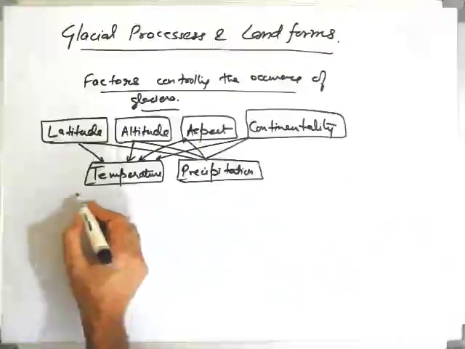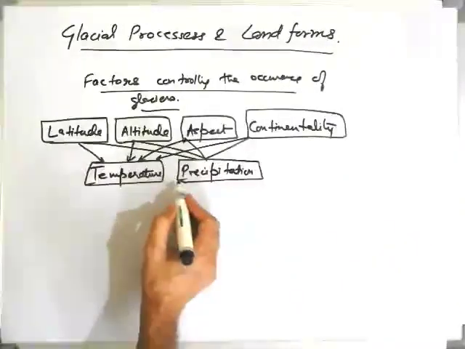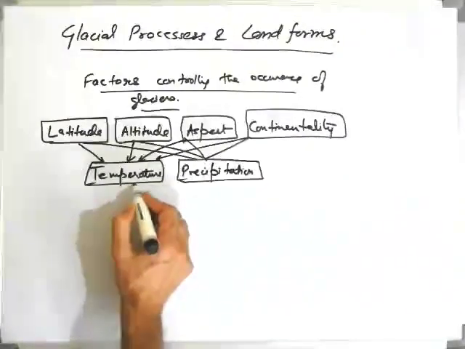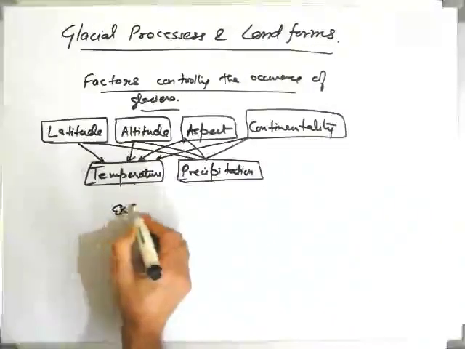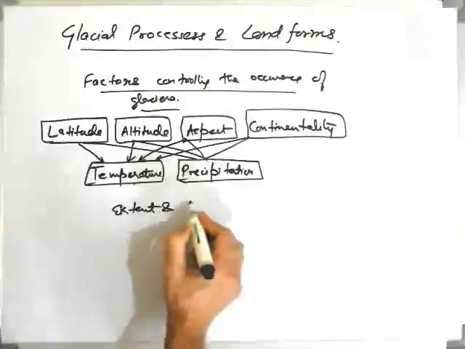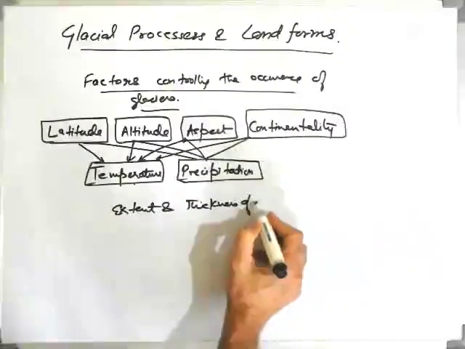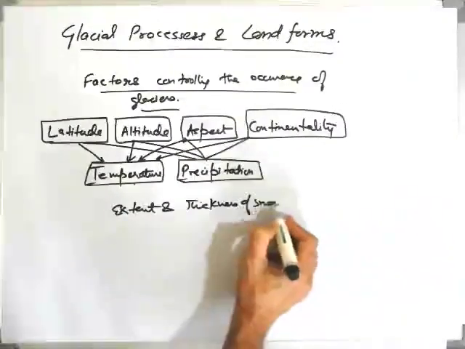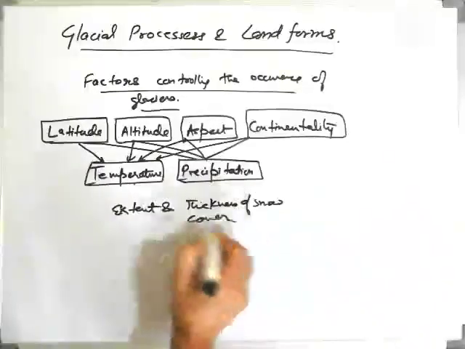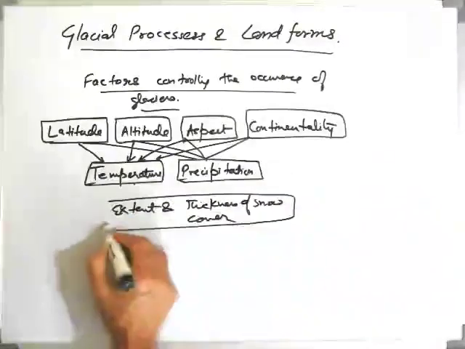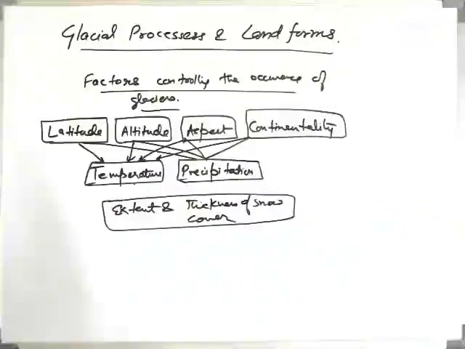So these two variables, that is temperature and precipitation, obviously control the extent and thickness of snow cover, because ultimately it is the snow cover that will evolve into glacier.